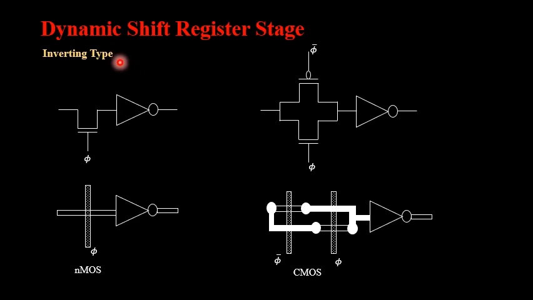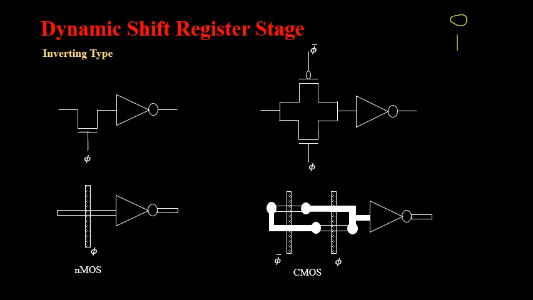I have a particular data input. I have to store that particular data input as it is. Data input in terms of digital logic can accept either logical 0 state or logical 1 state.